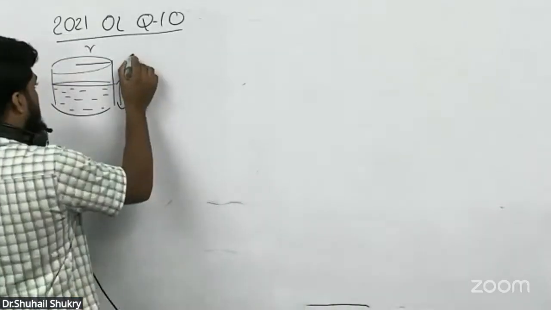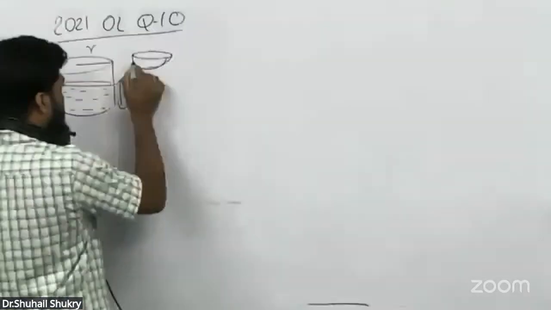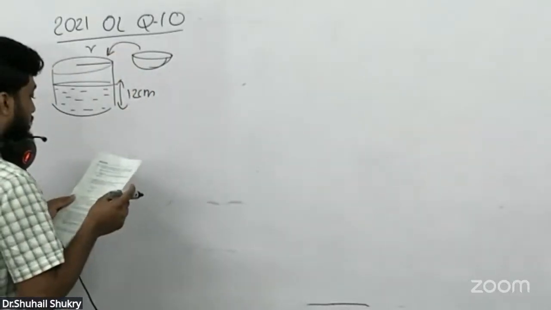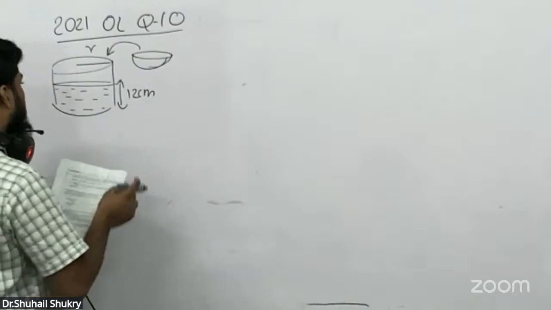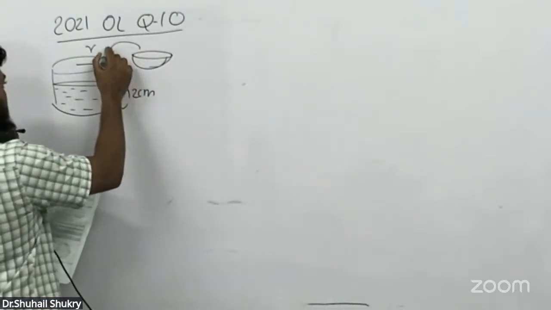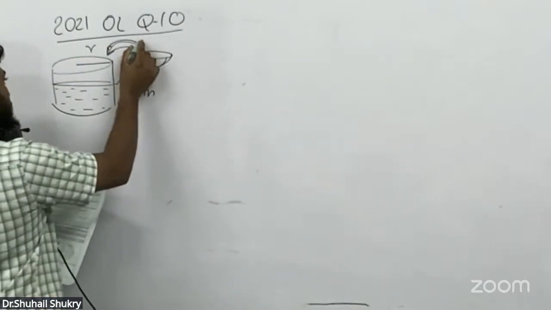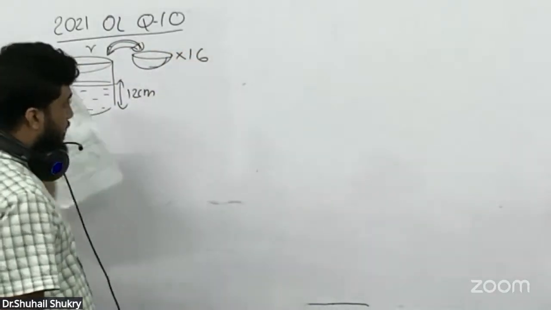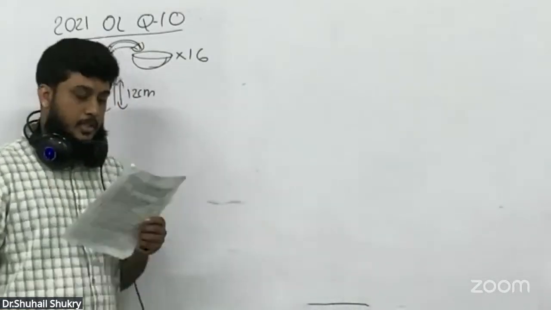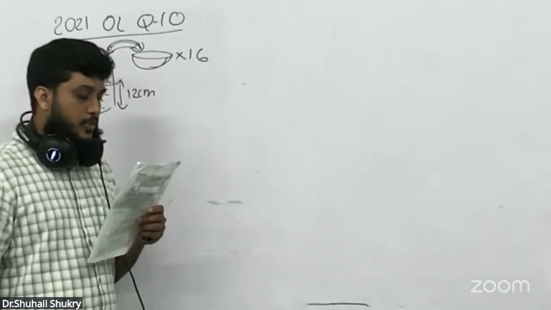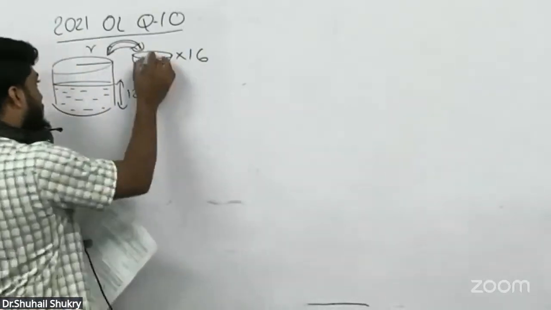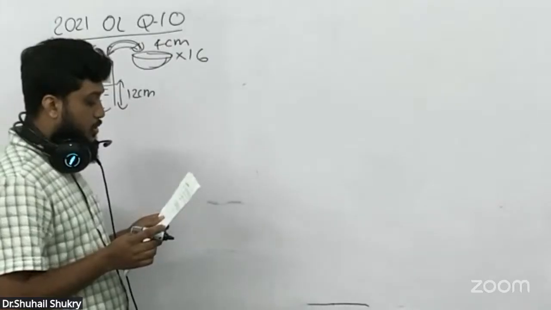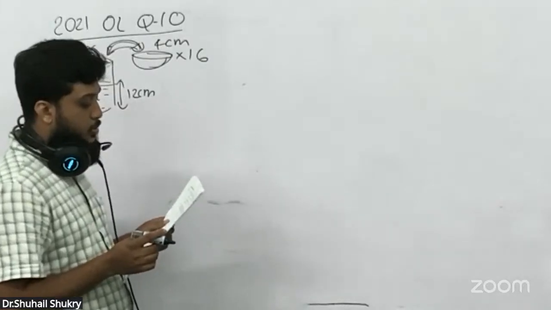If you take a hemisphere, how many hemispherical containers can they fill with this water? For 16 hemispherical containers, just enough means exactly this will fill 16 hemispherical containers, each of radius 4 centimeter. So they have given the radius of the hemispherical container as 4 centimeter. And they have told us to show that r is equal to 16 root 2 over 3.